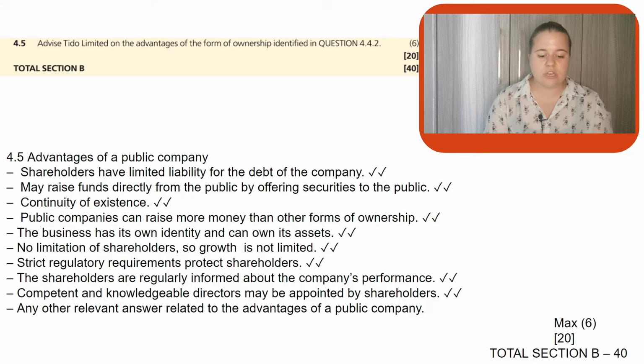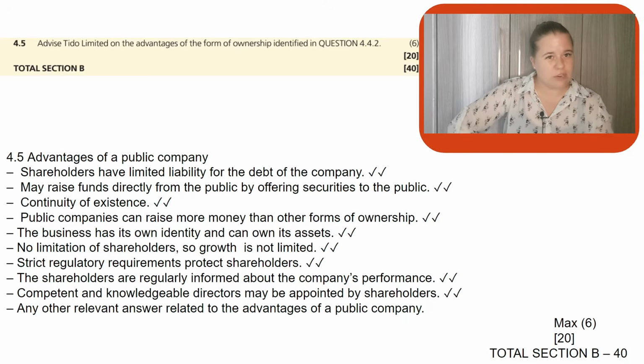No limitation of shareholders, so growth is not limited. Strict regulatory requirements protect shareholders. The shareholders are regularly informed about the business performance, and then competent and knowledgeable directors may be appointed by the shareholders. Now, we just needed any 3 there, that would have counted.